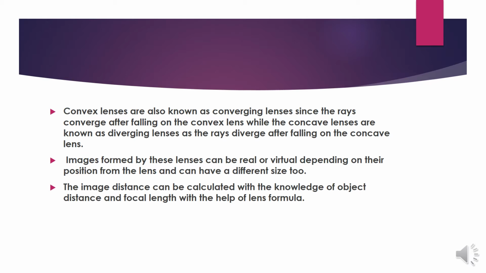You are all aware of this. Images formed by these lenses can be real or virtual depending on their position from the lens and can have a different size too. Image distance can be calculated with the knowledge of object distance and focal length with the help of lens formula.